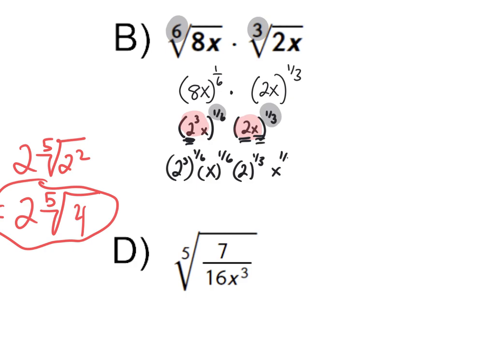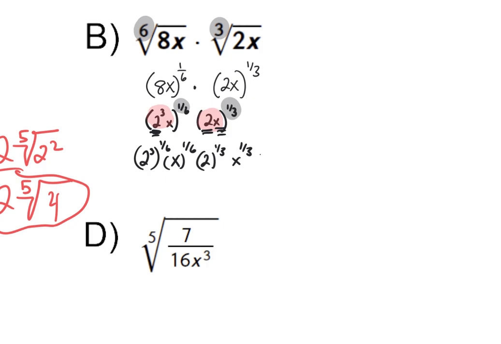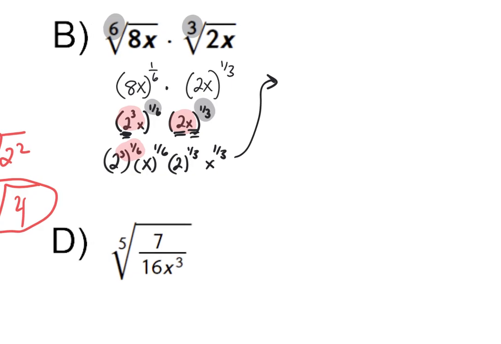And x to the 1/3. Now, if I take this a step further, I have a power to a power there, which means I can multiply the 3 times the 1/6 and get 2 to the 1/2, x to the 1/6, 2 to the 1/3, and x to the 1/3.